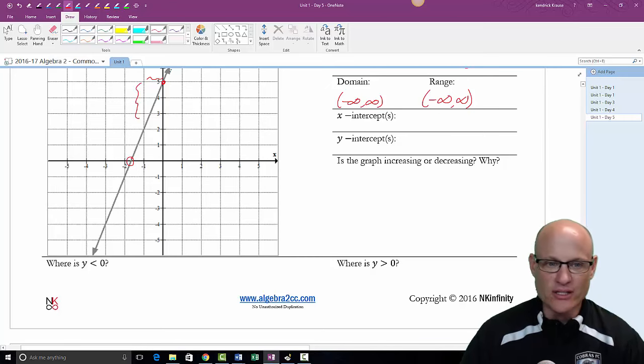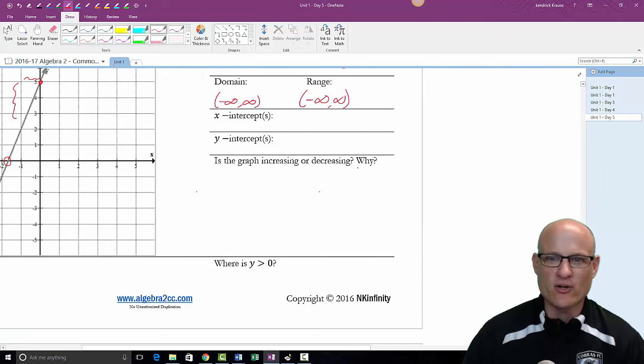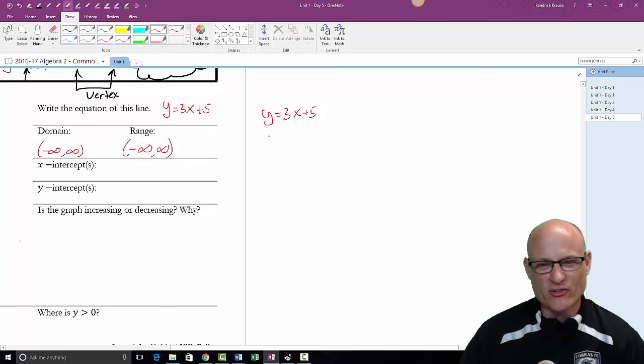So let's see. This is a point where y equals 0. Let me do that work off to the side here. I know the equation is y equals 3x plus 5, and for an x-intercept, the y value has to be 0. So I just have to solve this equation.